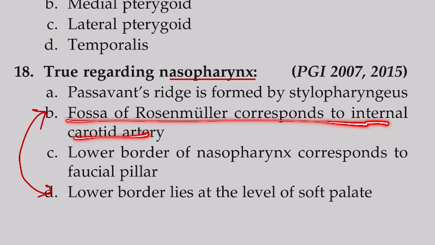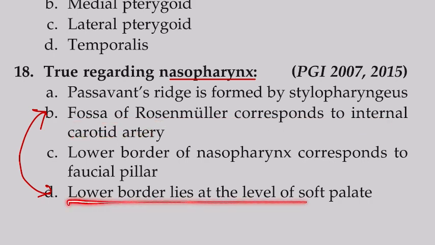The fossa of Rosenmüller lies in the lateral wall of the nasopharynx, lateral to the lateral pharyngeal wall of the nasopharynx and oropharynx is the parapharyngeal space through which passes the internal carotid artery. Another true statement is the lower border lies at the level of the soft palate. And the Passavant ridge is formed by palatopharyngeus, not stylopharyngeus.